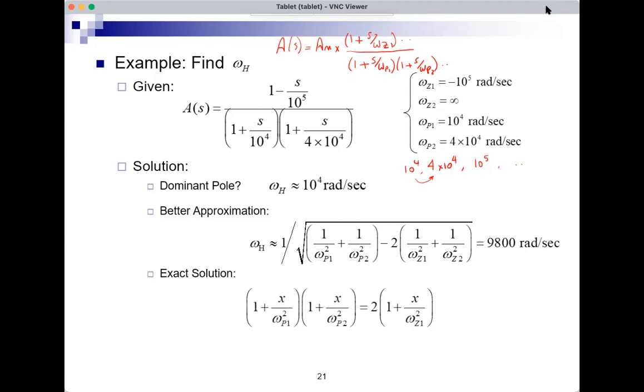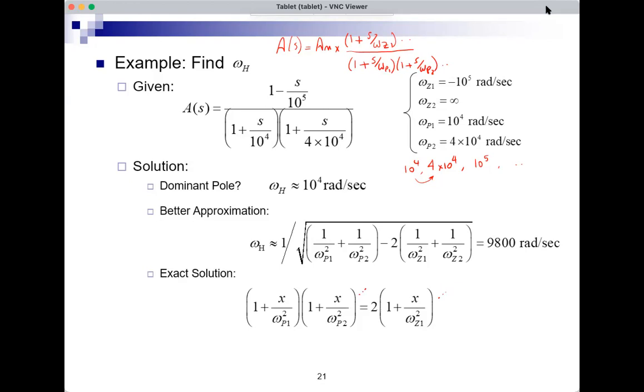And the polynomial equation would be of this form: 1 plus x over omega p1 squared, into 1 plus x over omega p2 squared, equals 2 times 1 plus x over omega z1 squared. If I have other poles and zeros, then they would appear as factors here, and the polynomial would be of a higher degree. But this one here is quite simple.